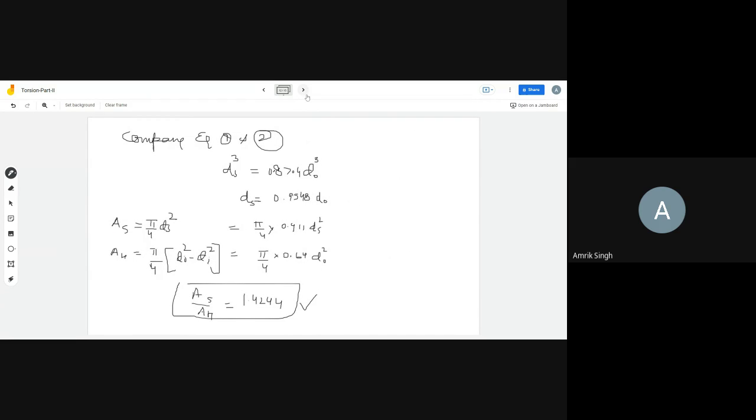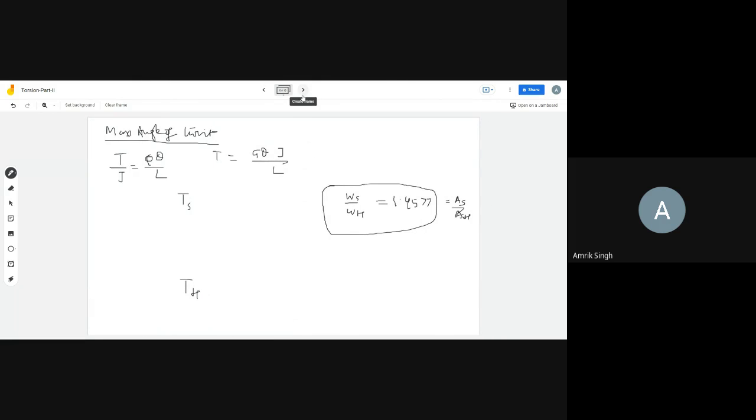Okay, so both are different. It is 1.4244 and here it is coming 1.4577. So the weight of the solid shaft is 42.44% more than that of the hollow shaft if shear stress governs the design, and it is 45.77% more if the angle of twist design is done.